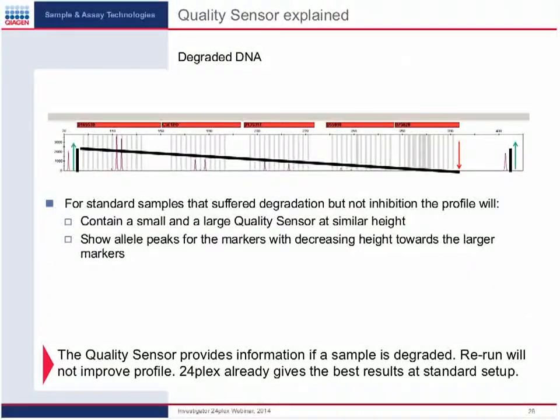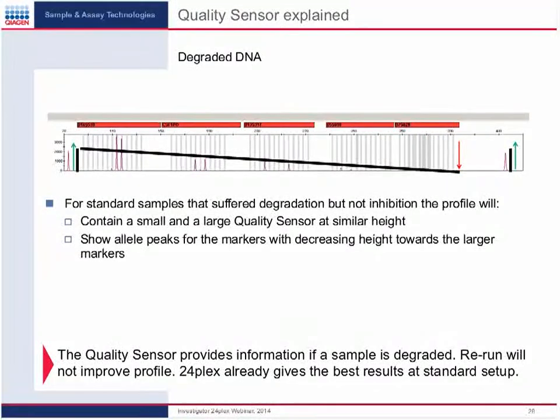The next scenario is a degraded sample. This is comparable to an inhibited sample, but the difference is that quality sensor 2 is still present. So you have quality sensor 1 and quality sensor 2 both amplified well, and you have this ski slope effect, with high peaks in the mini STR range and low peaks in the high molecular range.